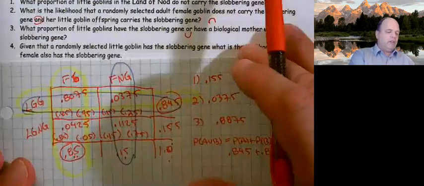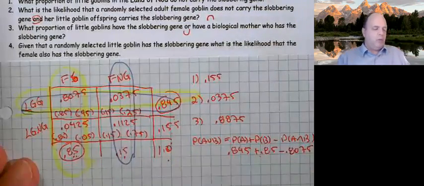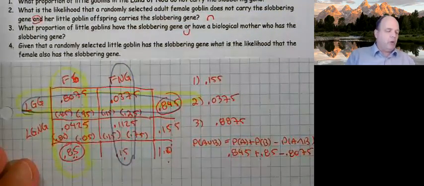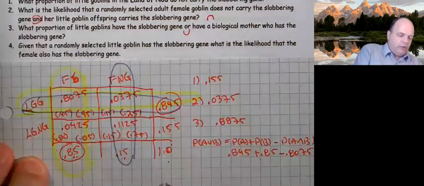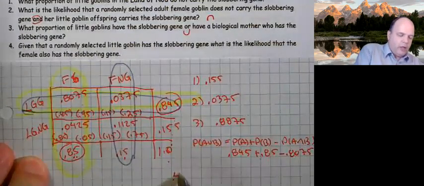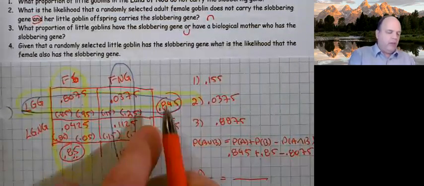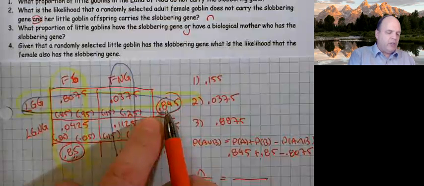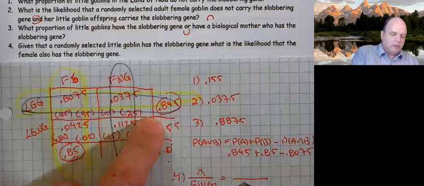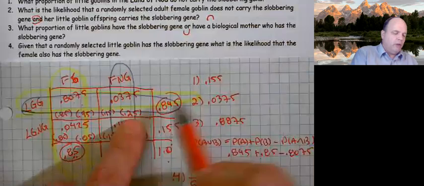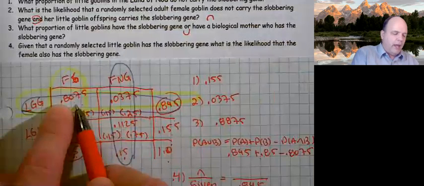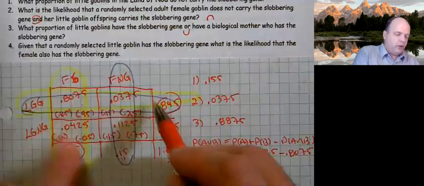Given that a randomly selected little goblin has a slobbering gene, what's the likelihood the female also has a slobbering gene? All right, as soon as I hear the word given, I go, gosh, given's in the denominator. I'm going to have an intersection on top. In this case, given the little goblin has the gene, that's 0.845, what's the likelihood that the female or the mother has the gene, so that's 0.8075 because this is my intersection.